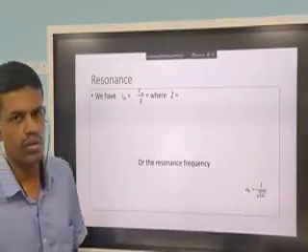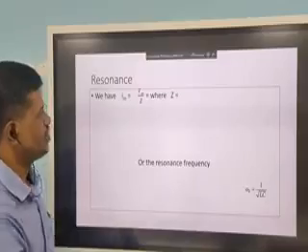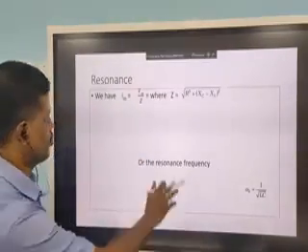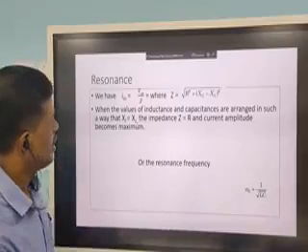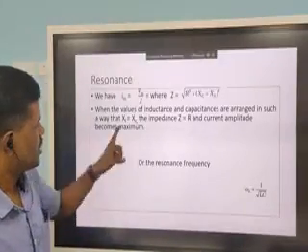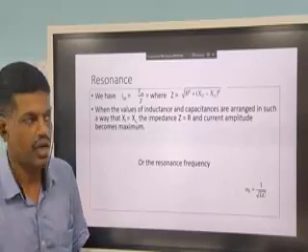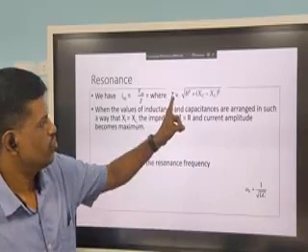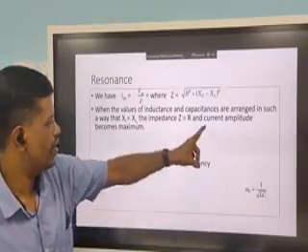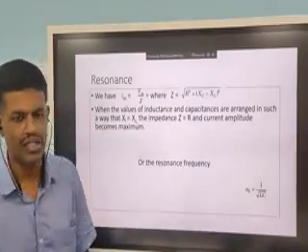We have the current I is equal to Vm by Z, where Z is equal to root of R square plus Xc minus XL whole square. When the values of inductance and capacitance are arranged in such a way that XL is equal to Xc, Z reduces to R, Z is equal to R, and current amplitude is now maximum.